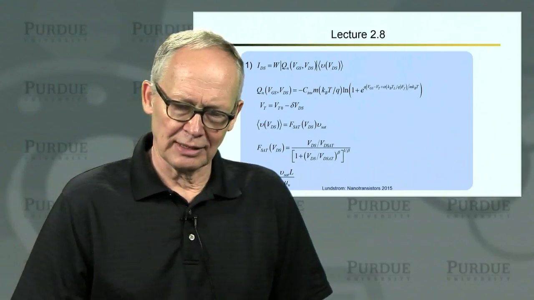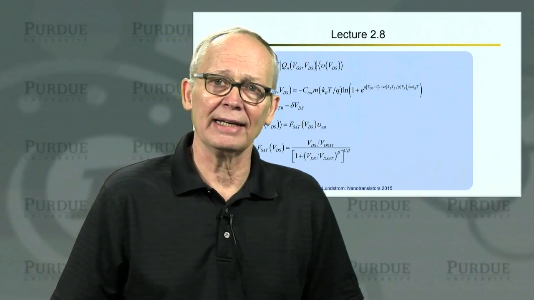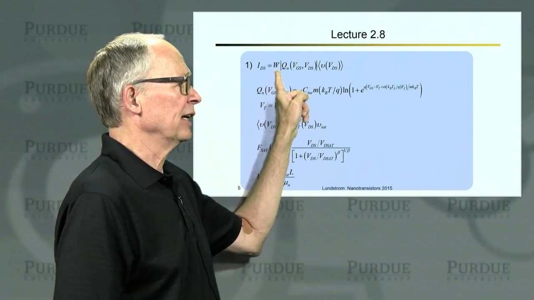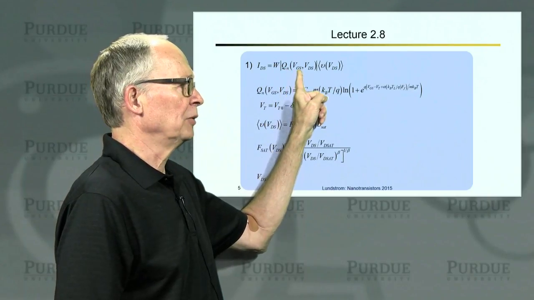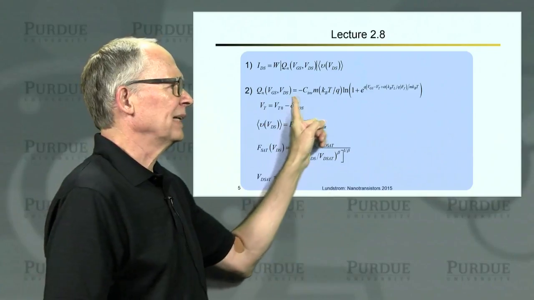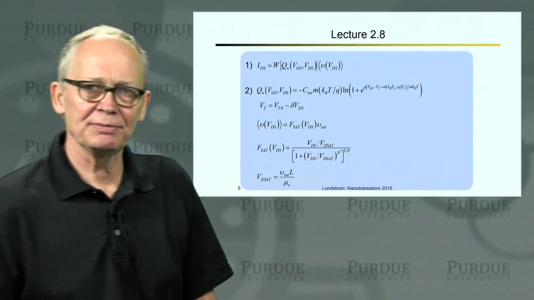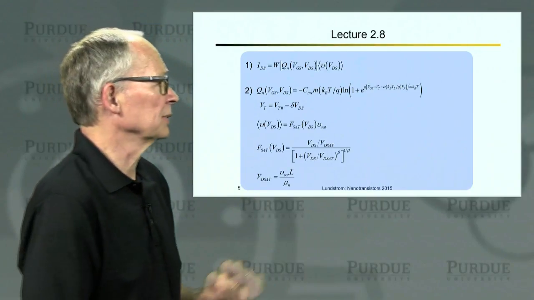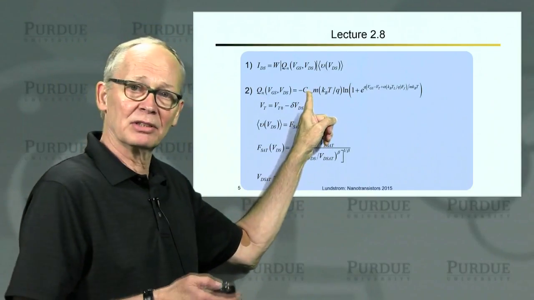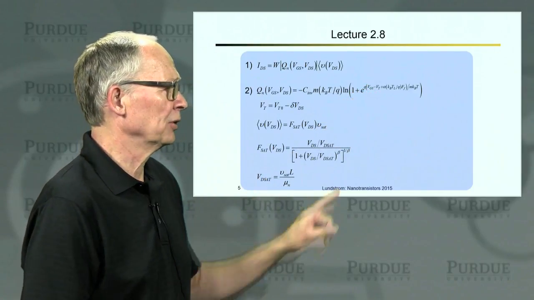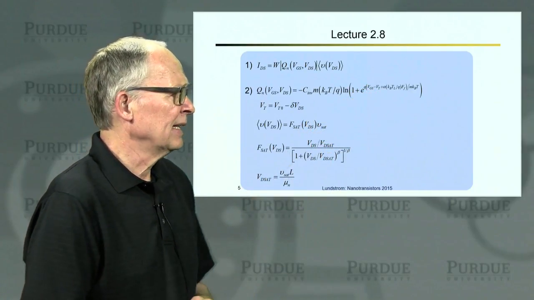I'll just remind you from lecture 2.8 how that model works. We begin by writing the drain current as width times the product of charge times velocity. We developed a semi-empirical expression for the charge from subthreshold to above threshold in terms of a few physical parameters like the inversion gate capacitance, threshold voltage, and some empirical parameters as well.